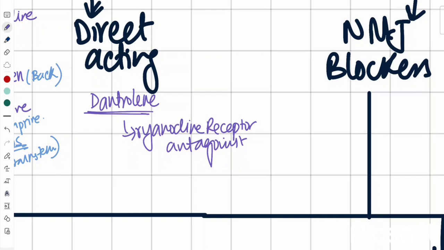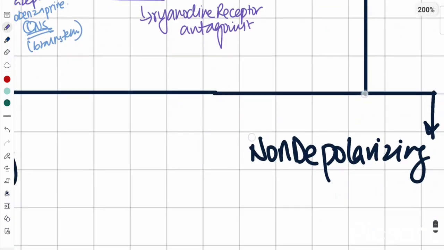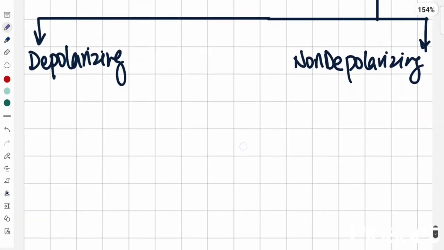Okay, next we have the NMJ blockers. The two examples of NMJ blockers are depolarizing and non-depolarizing. So let's get into this. The prototype of the depolarizing one is succinylcholine.